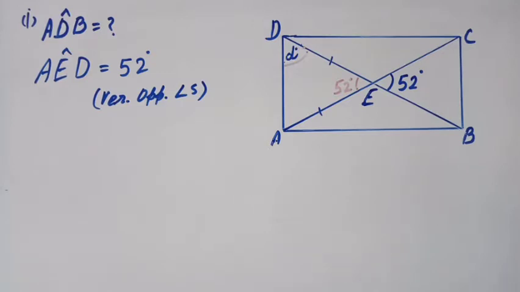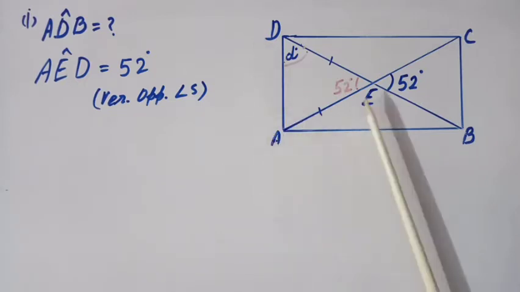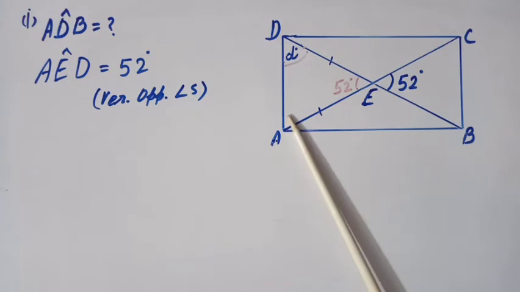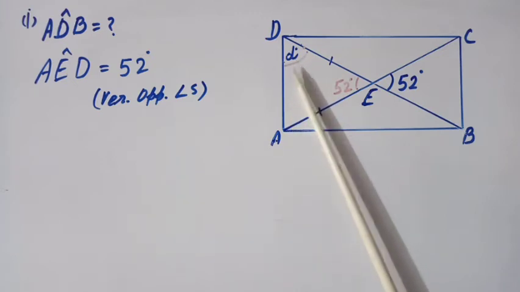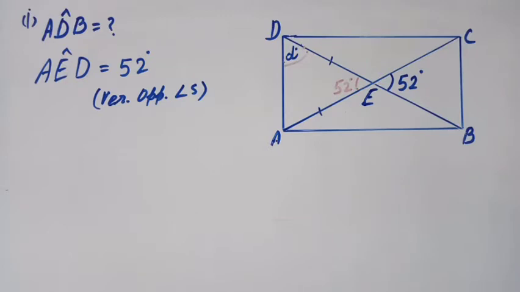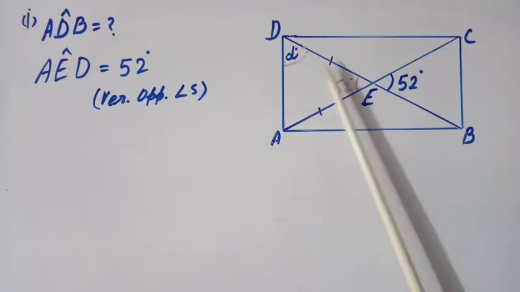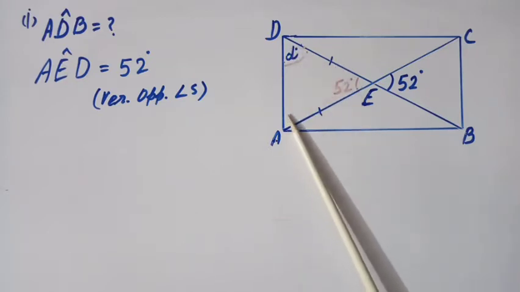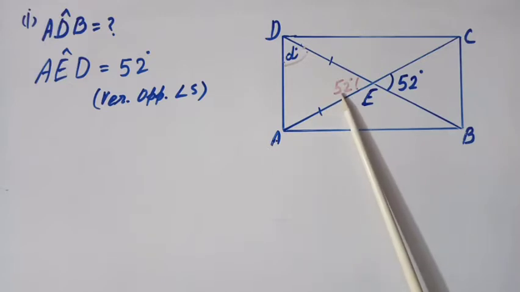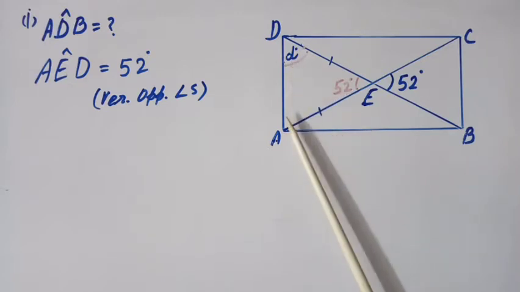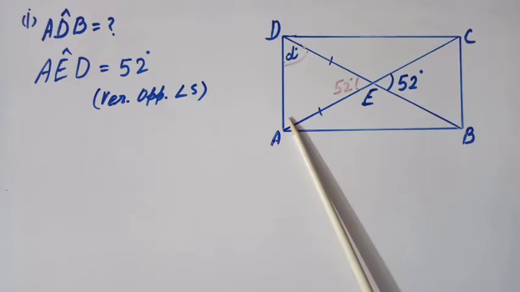So this way, at point A, the angle DAE is also equal in measurement to the angle D. Clear? So sum of all the internal angles of the triangle would be 2D plus 52. See, this is D, this will also be D. Clear? It is equal, right?